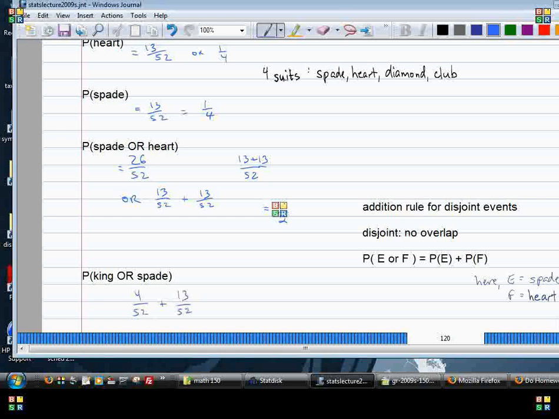So what do we have to do to get this right? Exactly, we've got to undouble count it. And how do we uncount something? You subtract. So if you work this out, 4 plus 13 is 17, minus 1 is 16.